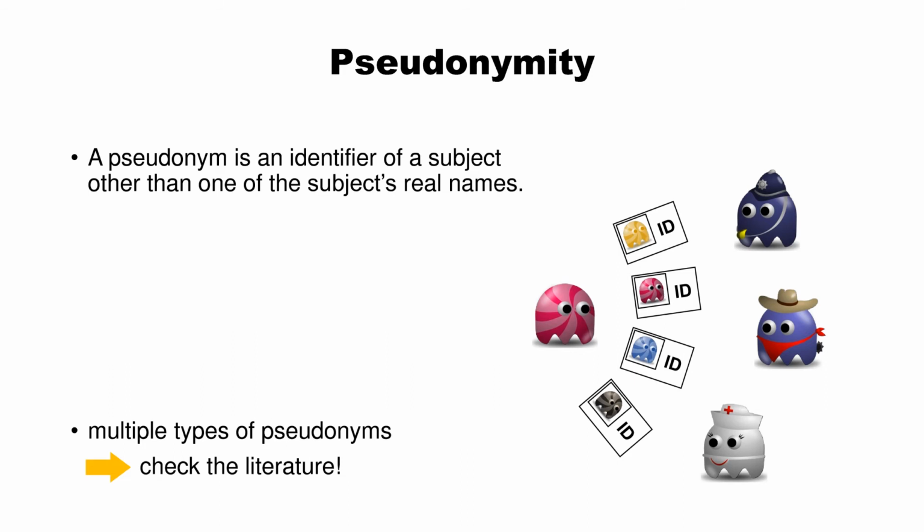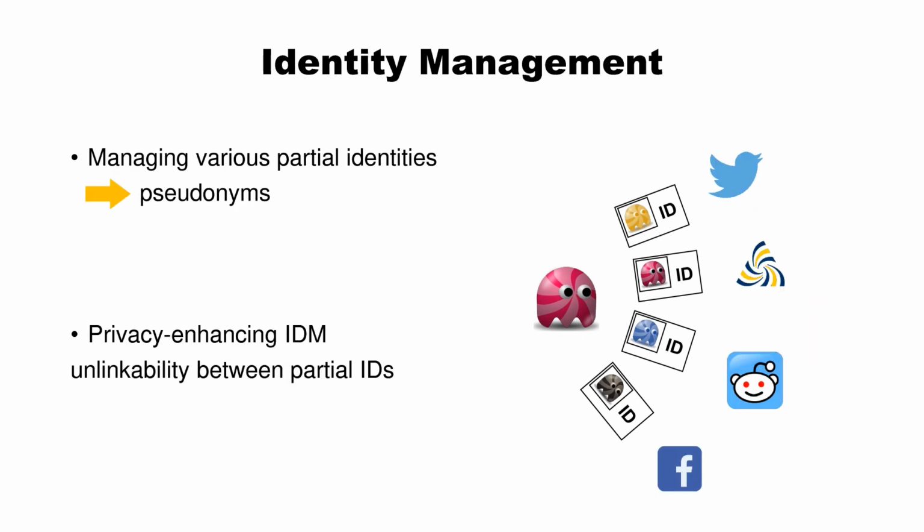After you have different pseudonyms, what you need is identity management. So when you start managing your various partial identities or various pseudonyms, then you come into the world of privacy or identity management. And if you have an identity management that's privacy friendly or privacy enhancing, then it tries to avoid creating linkability between these partial IDs.